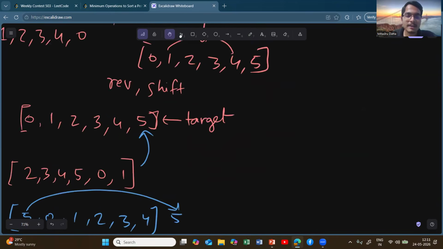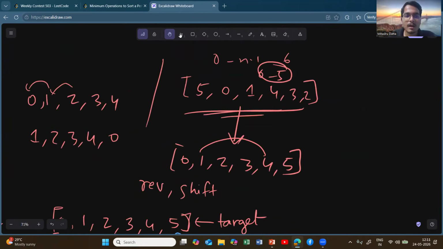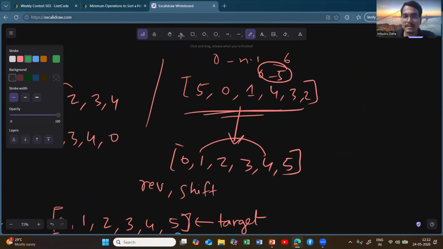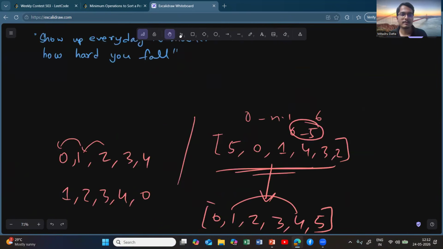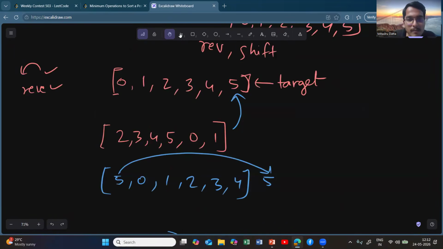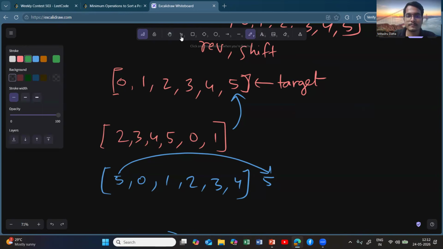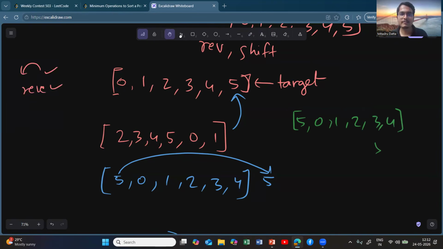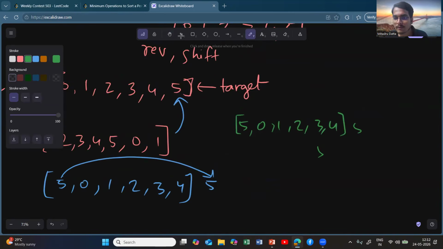In my earlier example, which I was showing, let's say you have this array 5 0 1 2 3 4, and if you write this again side by side, you see you get this whole part of the array, 0 to 5.